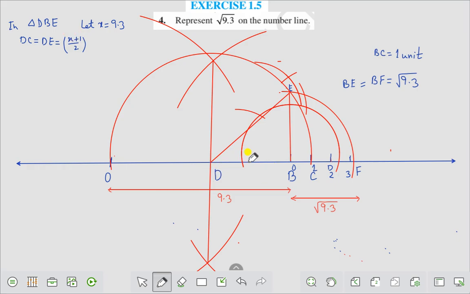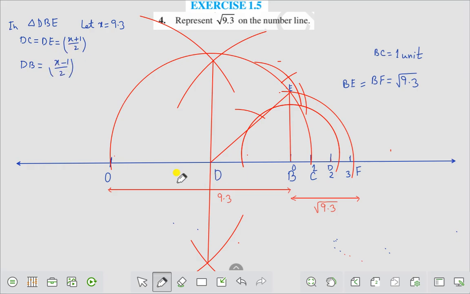Now if we take this DB value, DB total is x, from here to here x, that is x minus 1 by 2.